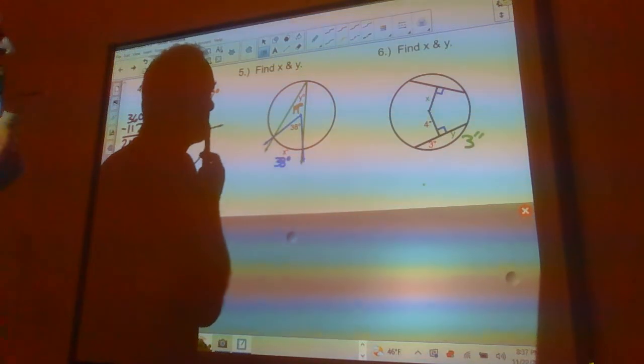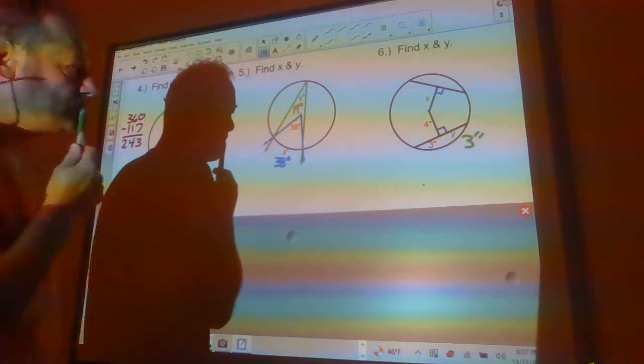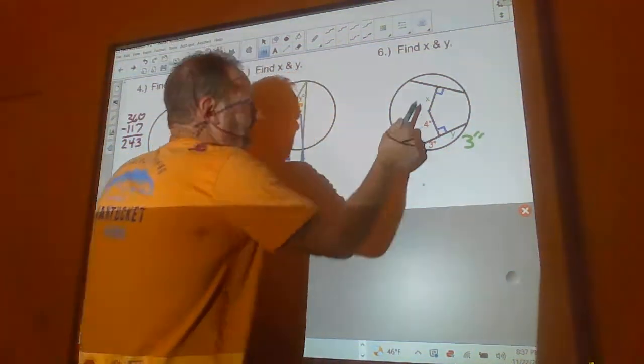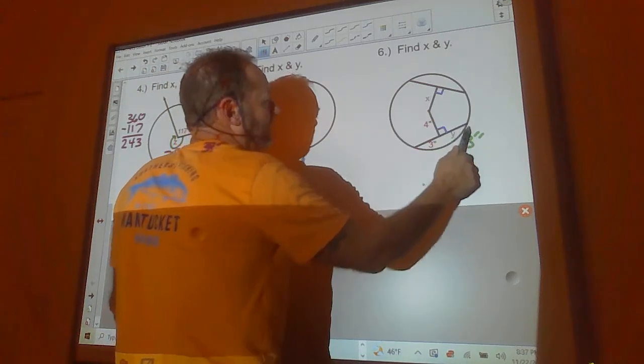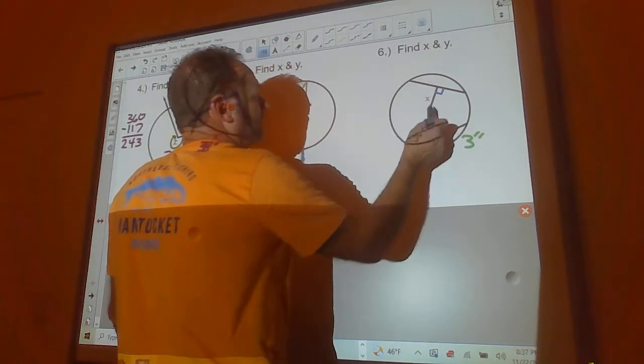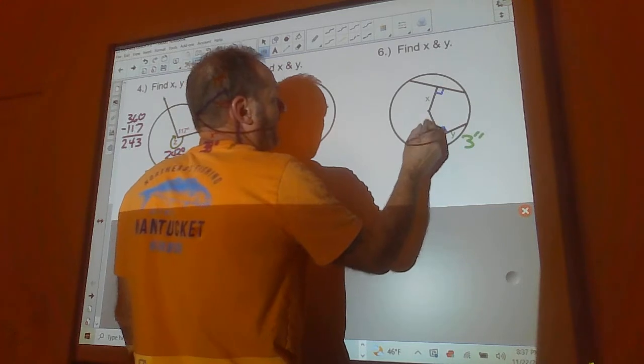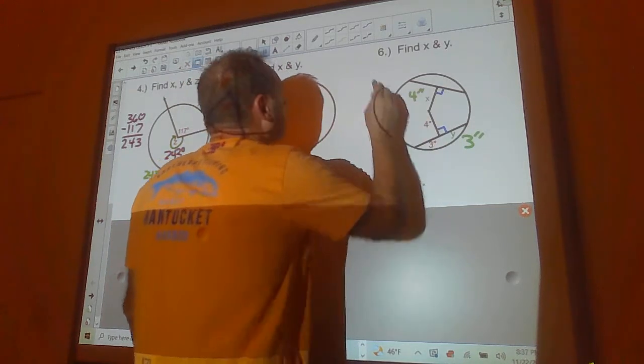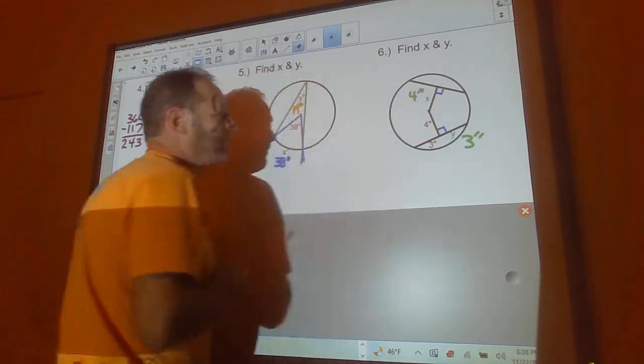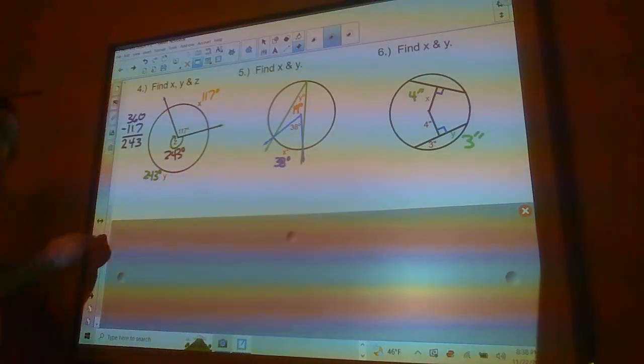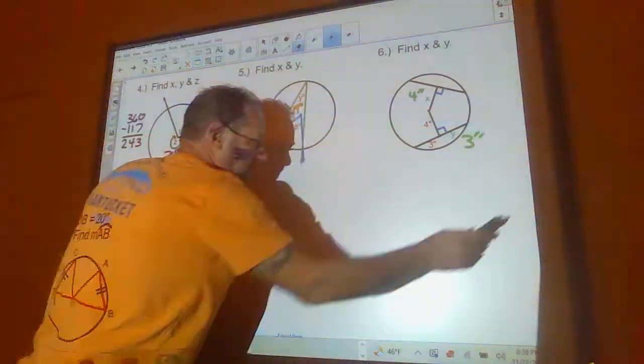Yeah, there's some information missing here. So, I think I was supposed to say on here that this chord was the same length as this chord, which means that x would be the same as that right there, so that'd be 4 inches. Okay, so my mistake on that one.